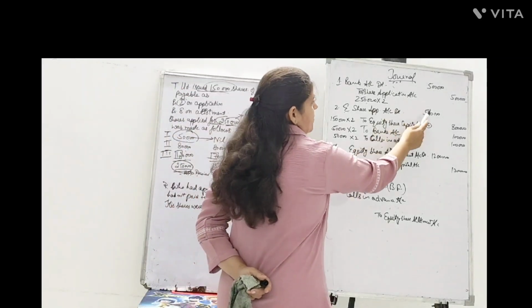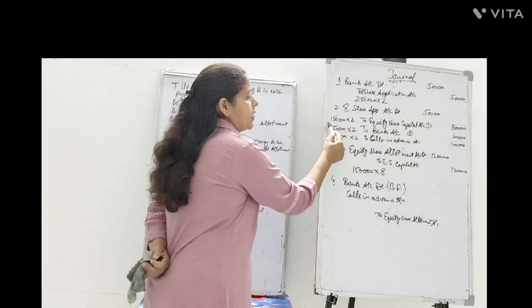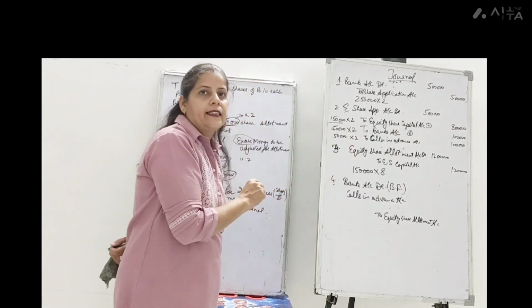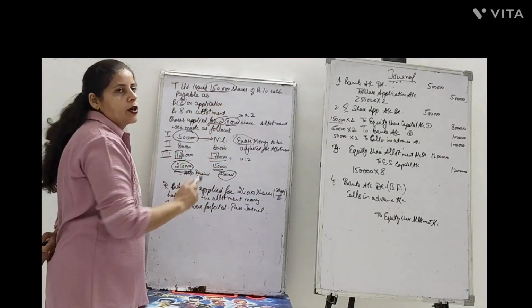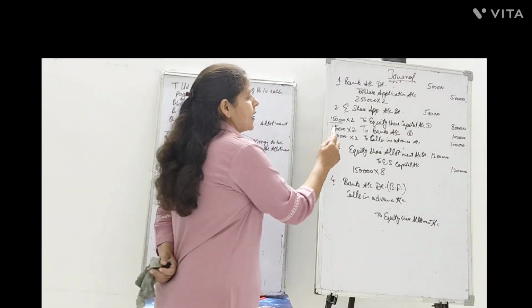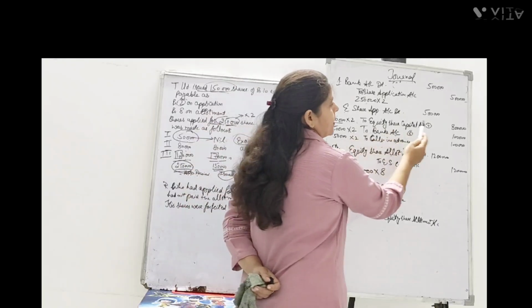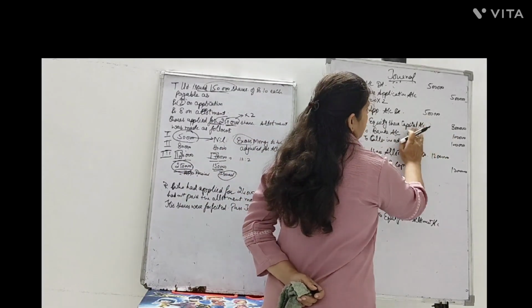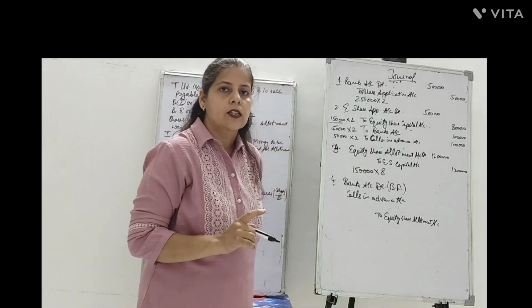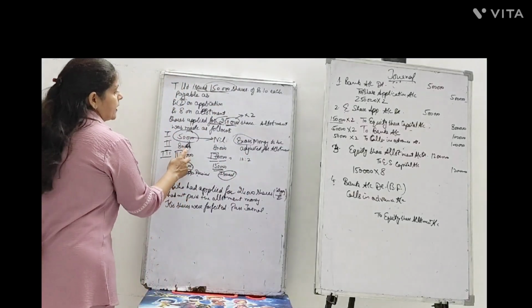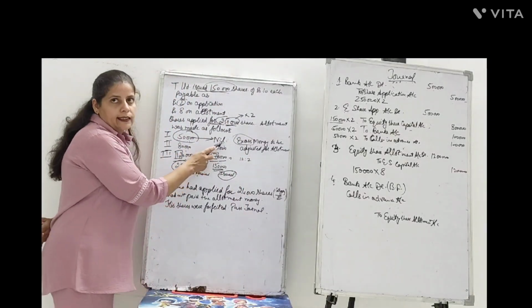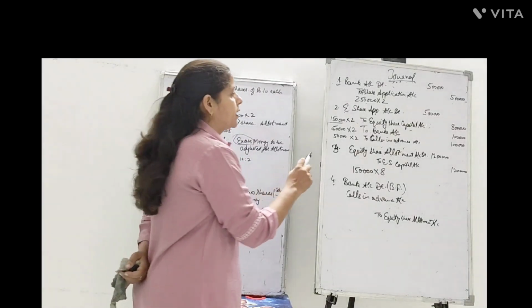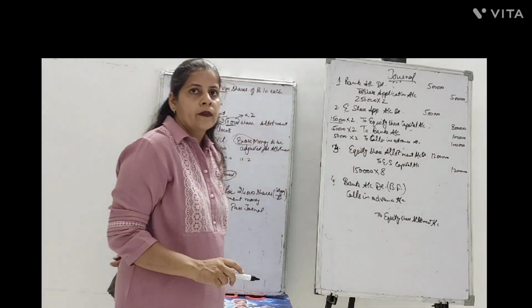Out of rupees 5 lakh, they can actually allot 1,50,000, that is equal to the number of issued shares. So 1,50,000 into 2 rupees, how much is to be taken to your equity share capital account? That is 3 lakh. There were 50,000 shares who were allotted nothing, so their money was refunded, 50,000 into 2.